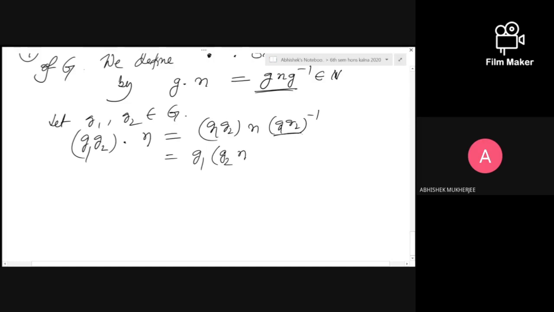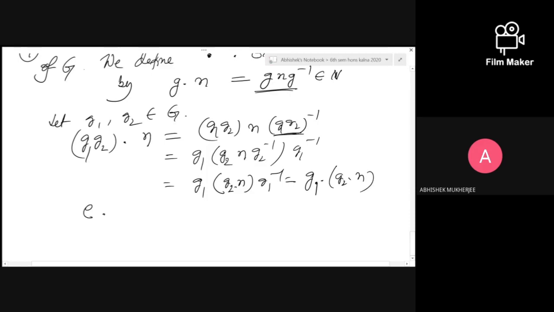Now (g1 g2) inverse is g2 inverse g1 inverse. So g1 of g2 n g2 inverse, that is g2 dot n, times g1 inverse, and then it is g1 dot (g2 dot n). So this satisfies the first axiom.